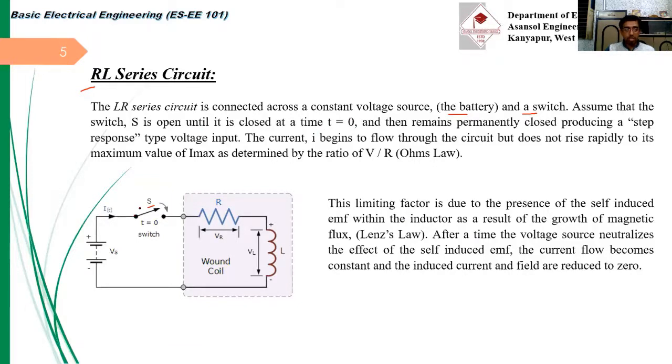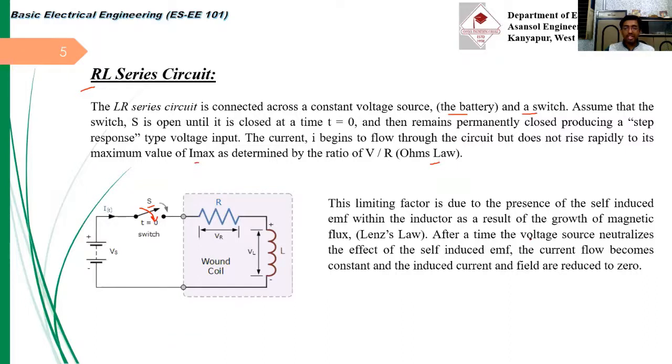That means this switch is closed at t equals to 0, then remains permanently closed, producing a step response type voltage input. The current I begins to flow through the circuit but does not rise rapidly to its maximum value of I max as determined by the ratio of V by R, that means Ohm's law.